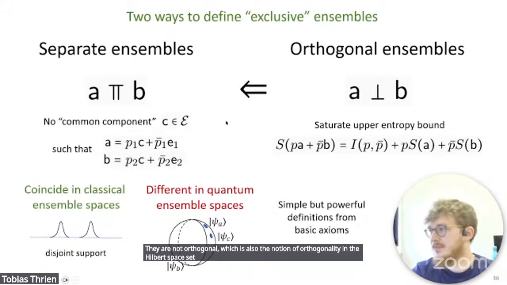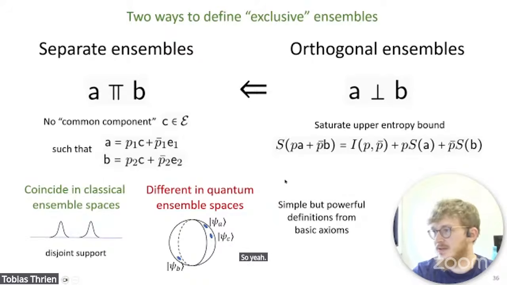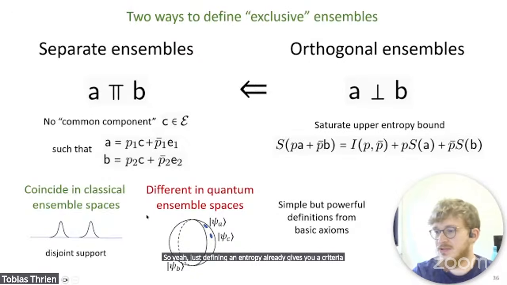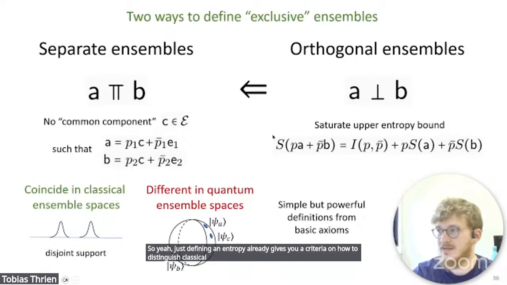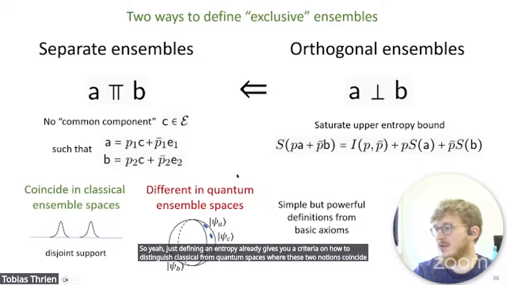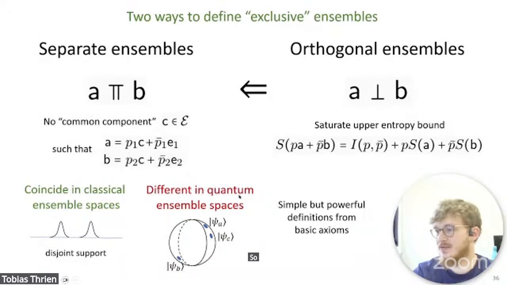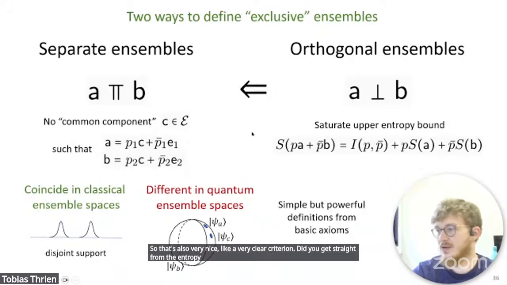So just defining an entropy already gives you a criterion to distinguish classical from quantum spaces, where these two notions coincide or they don't. That's also a very clear criterion that you get straight from the entropy to distinguish classical and quantum.